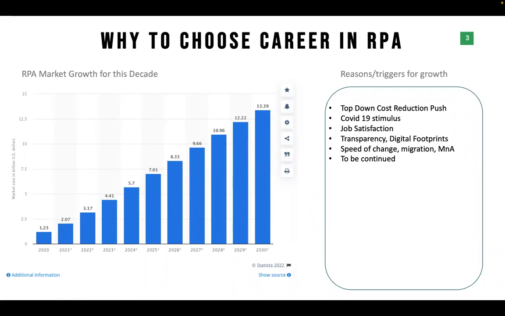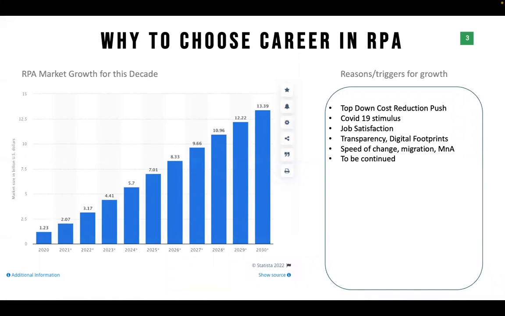This is the statistical source that I've taken as reference. In the next 8 years, the RPA market, which is sitting at 3.1 billion right now, would be at approximately 13 billion in the next 7-8 years. So the potential is huge, and the growth opportunity is also huge.